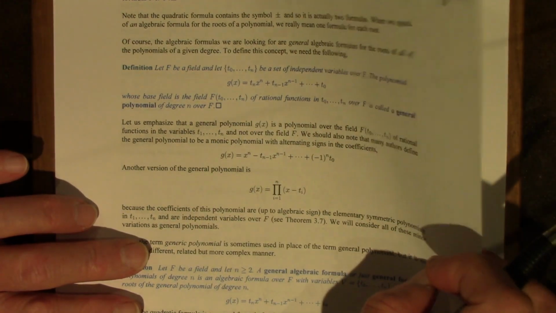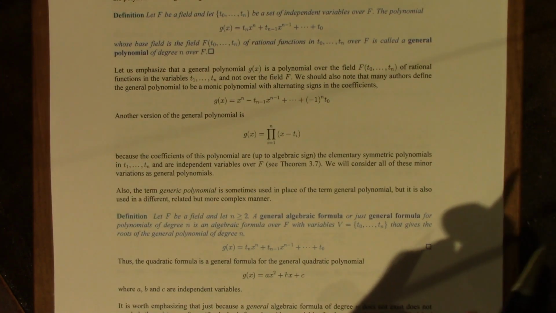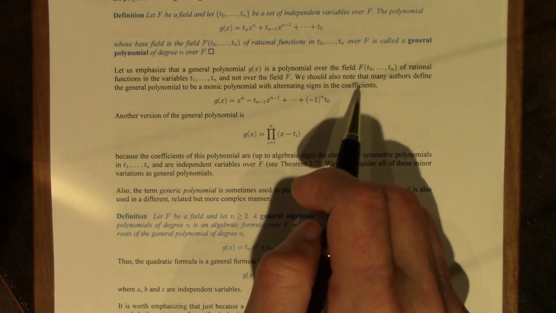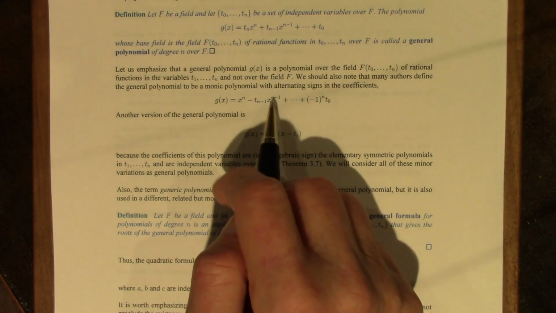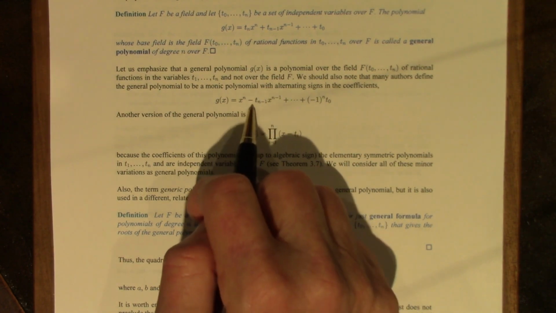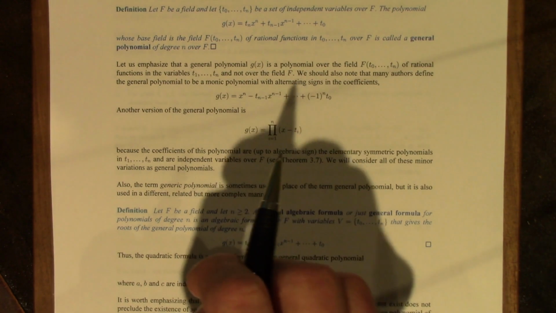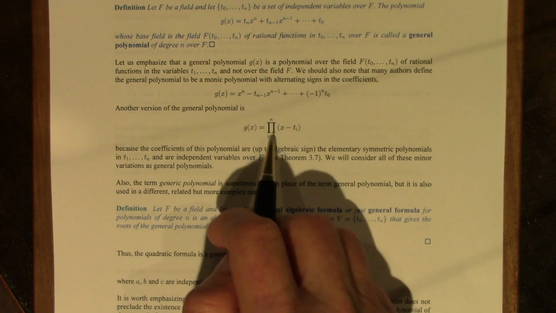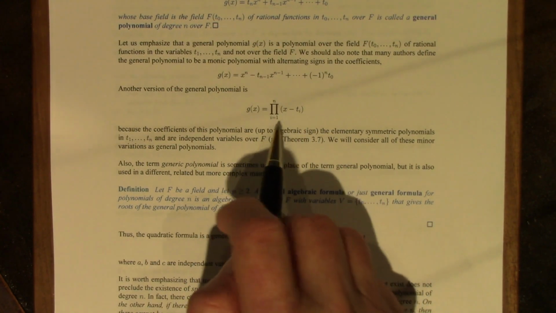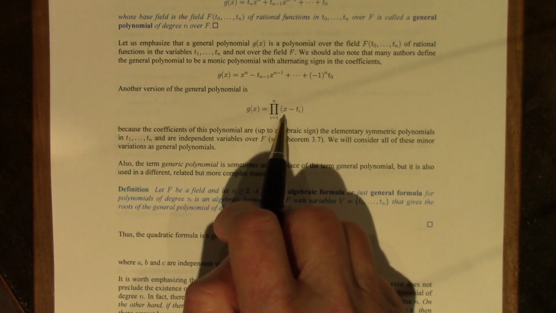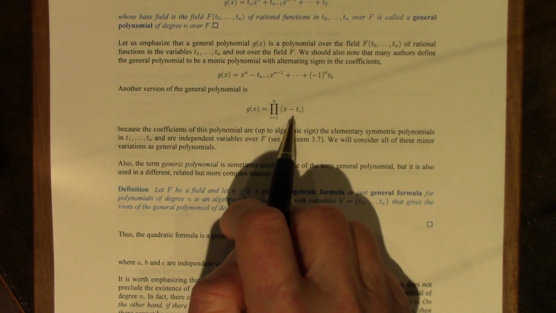The other thing is that there are other definitions of a general polynomial. Some authors will alternate the signs. Another version of the general polynomial is this, because this is the polynomial whose coefficients are, except for sign, the elementary symmetric polynomials.